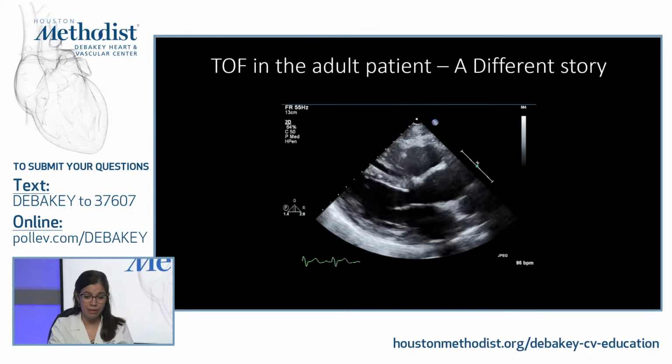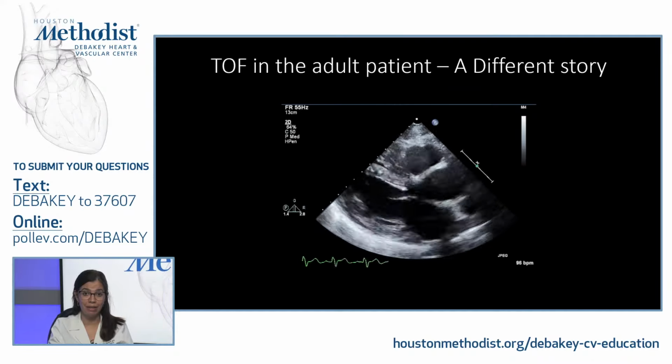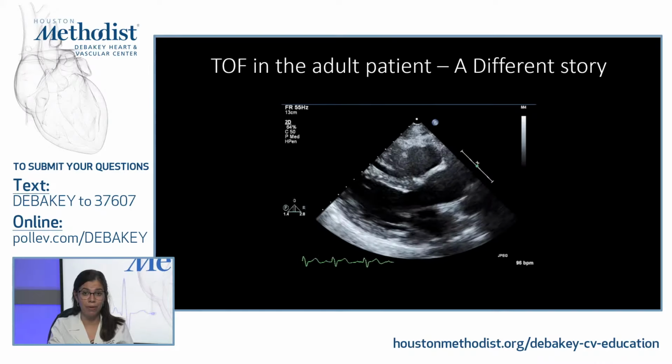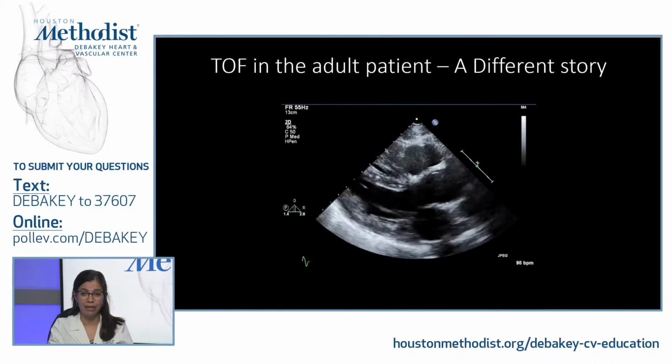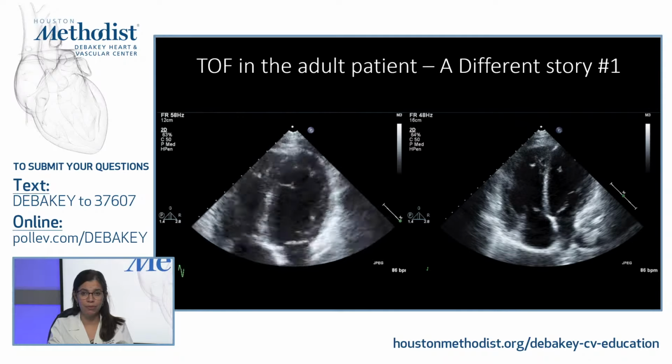So here we can see a patient with repaired Tetralogy of Fallot. If you pay attention to the septum, you can see a bright structure that is the VSD patch. Then in a 4-chamber view, that's when one of the first challenges in Tetralogy of Fallot comes.